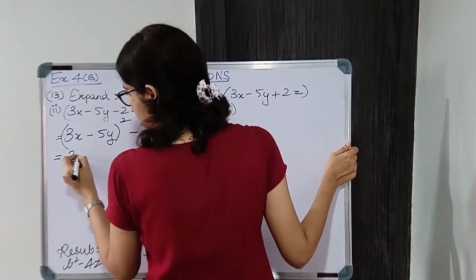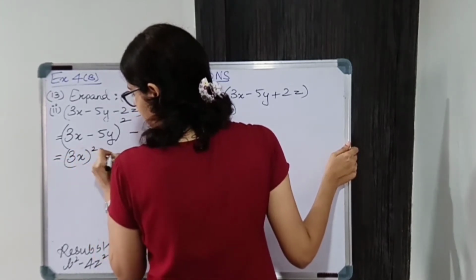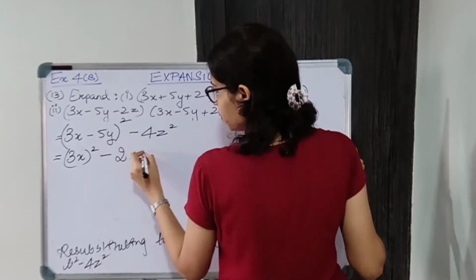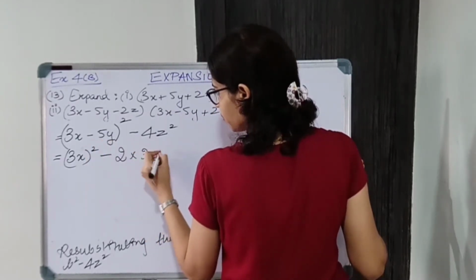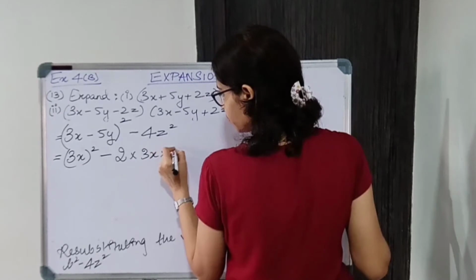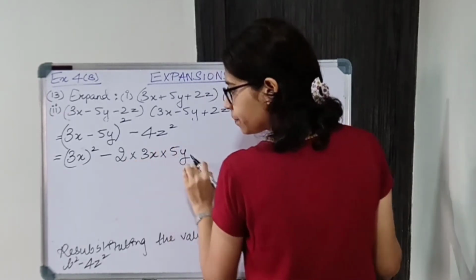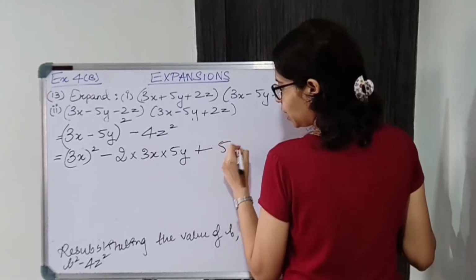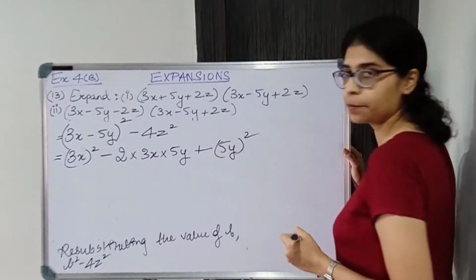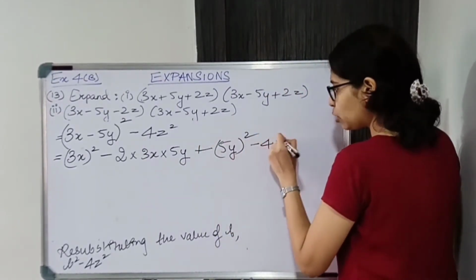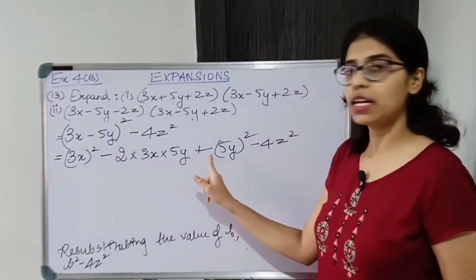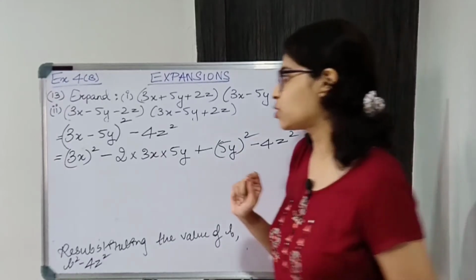So a square minus 2ab plus b square, so 5y put bracket square minus 4z square, don't forget this. So a square minus 2ab plus b square minus 4z square.